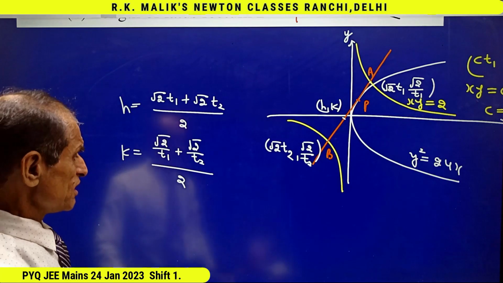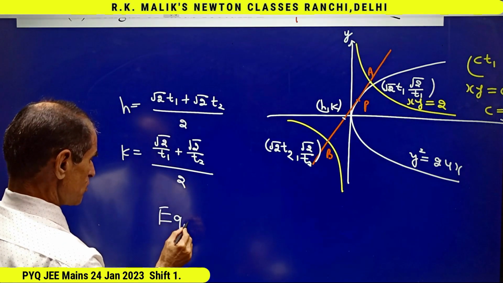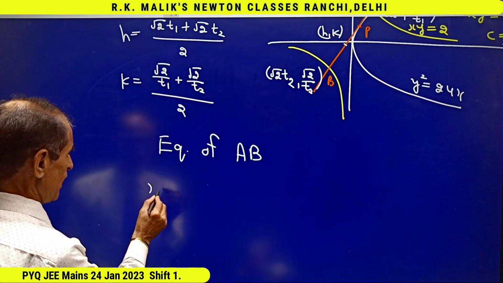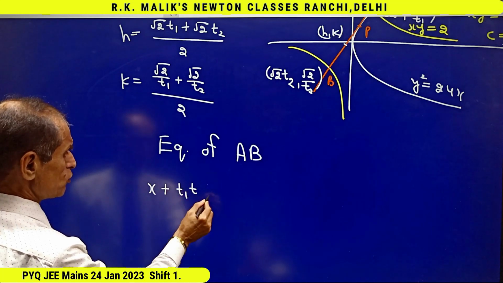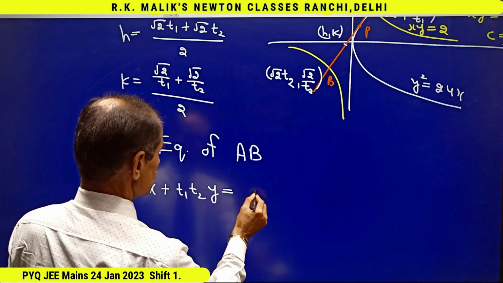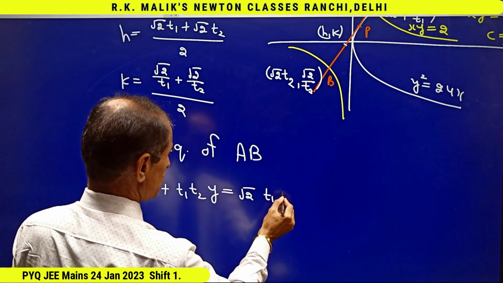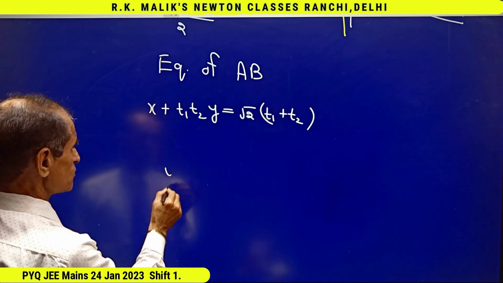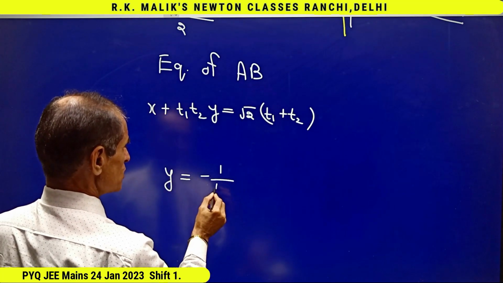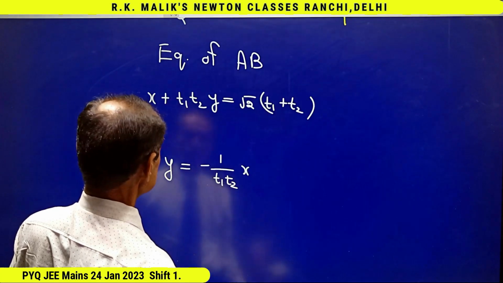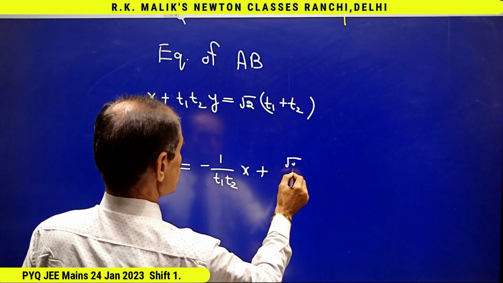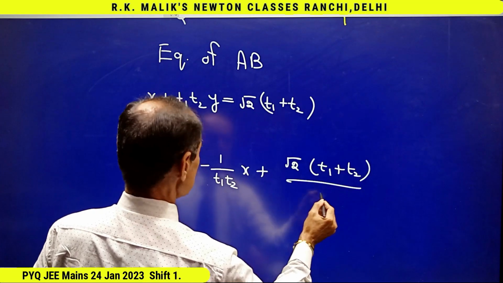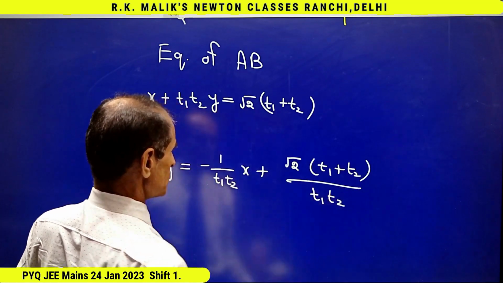Using this formula, I can say that the equation of AB can be written as x plus t1 t2 into y equal to root 2 into t1 plus t2, which can be written as y equal to minus 1 by t1 t2 into x plus root 2 into t1 plus t2 upon t1 t2.